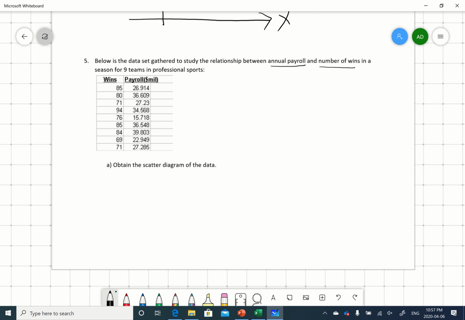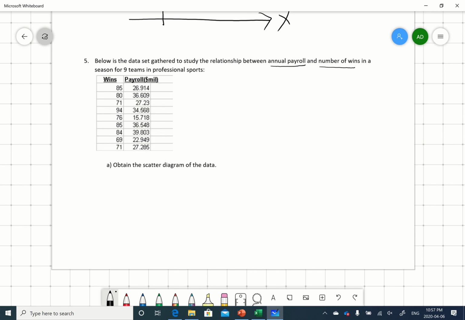So when number of wins changes, would that impact the payroll? So I think this is about a baseball player or some sort of a sports player's payroll. So they want to know, is their payroll attached to the wins that they make, right?